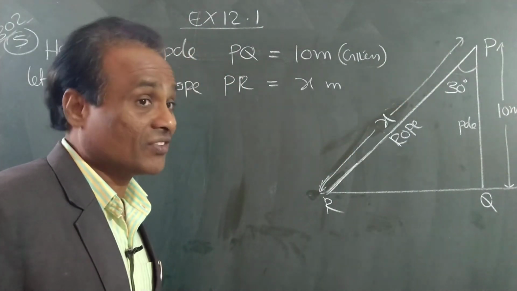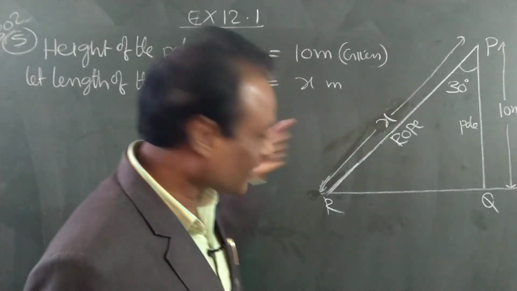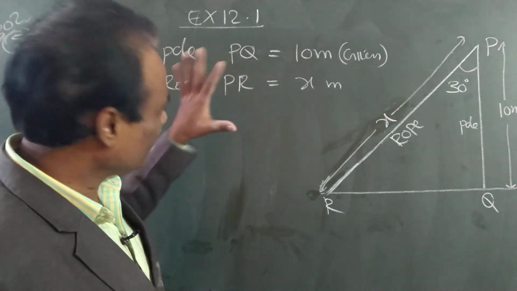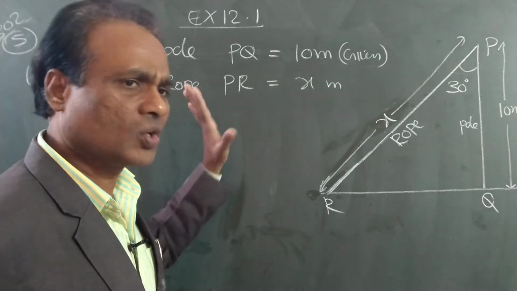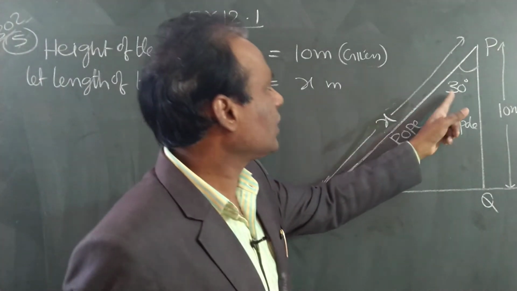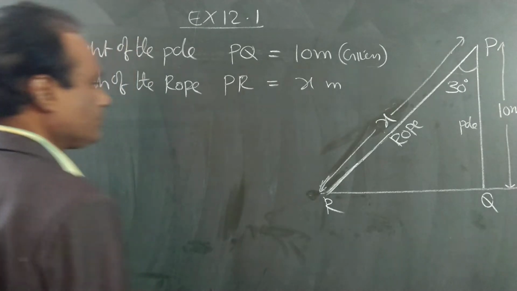Next, is any other dimension given? Yes, this is given, that also let us write. Whatever is given, we will write everything. The description, the total introduction we will write. So what is this 30 degrees now? Write down.